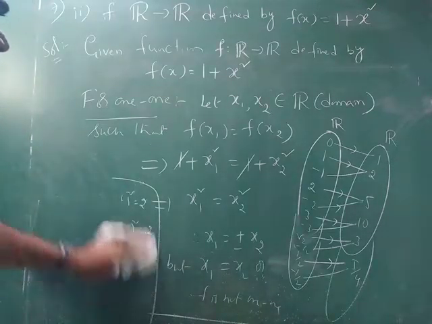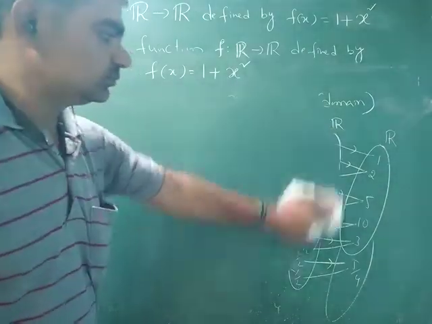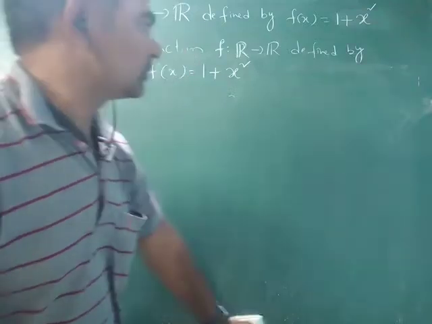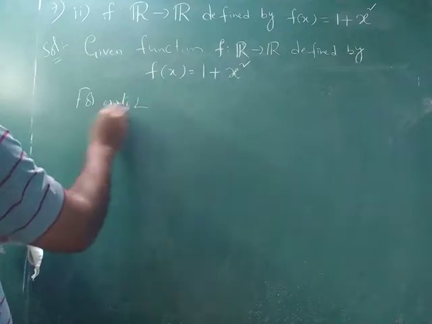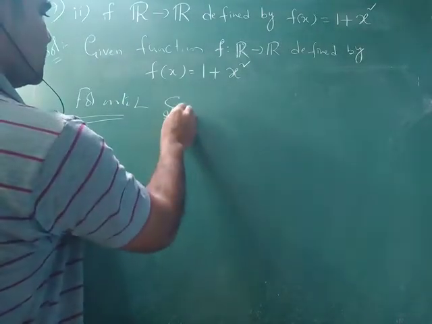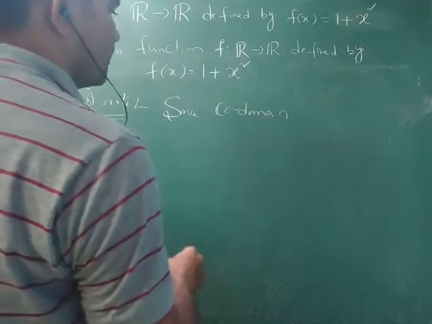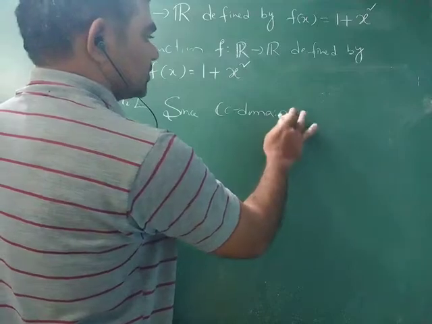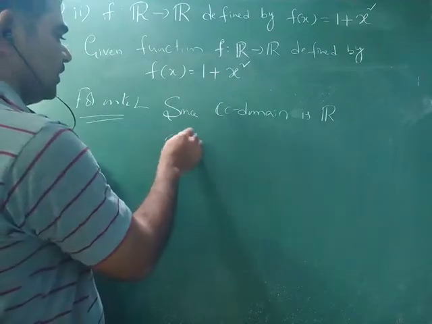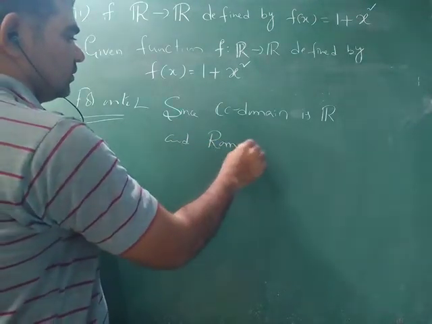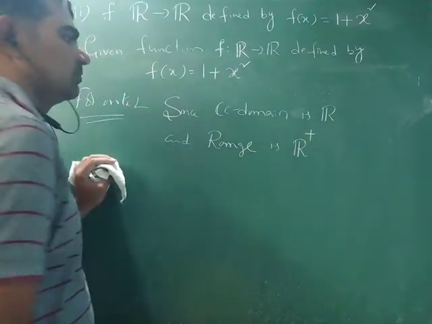Now for onto, you see, you can write if you want. For onto, since codomain is R, and range is R plus, positive real numbers.